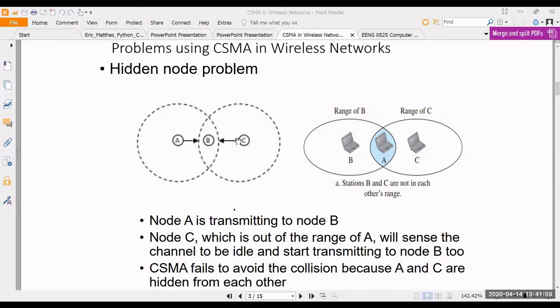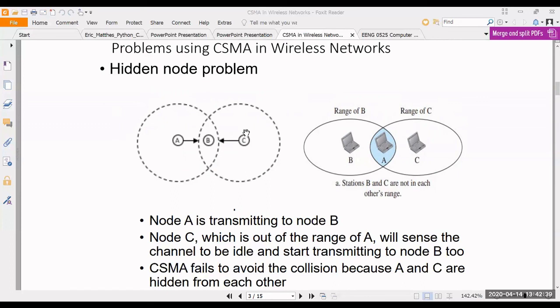Assuming we are using collision avoidance to solve this issue, A will send a request to send, and then C also sends a request to send, and that is the only crash we can have. So assuming A sends a request to send, and B gets it, and it doesn't receive from C, that means B can send a clear to send to both A and C. Now C knows that though it's not in the range of A, B is busy, so it can hold on.